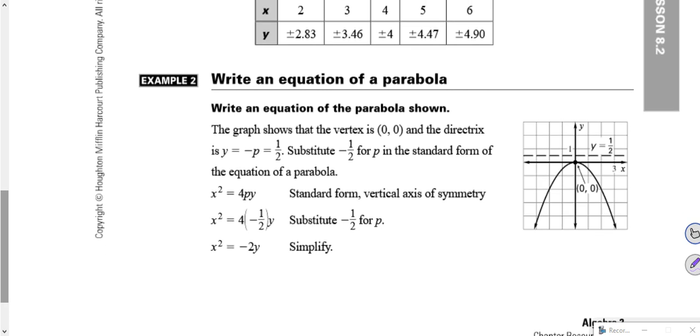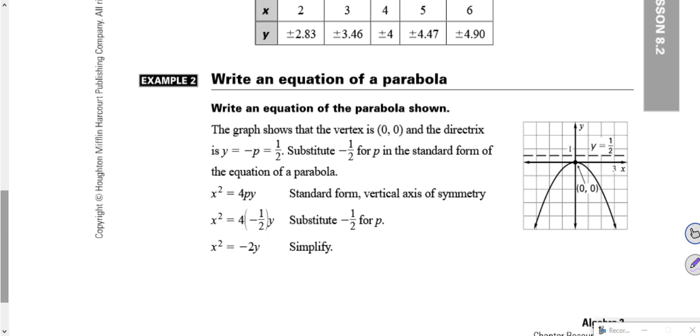Now here, they give us the picture, and we have to write the equation. So the first thing we need to write an equation is p. Right off the bat from the picture, I see that my directrix is y equals 1/2. So remember, your directrix is y equals negative p.